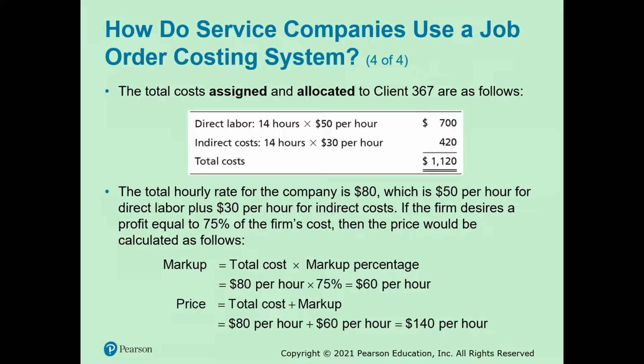Here you see a markup: total cost times markup percentage. That's $80 per hour times 75%, which will equal $60 per hour. And the price is the total cost plus markup. That's equal to $80 per hour plus $60 per hour, equal to $140 per hour.